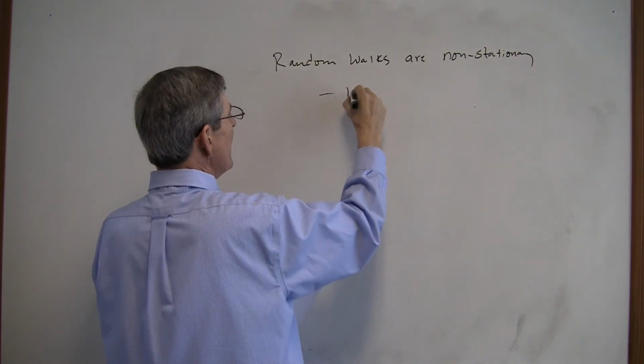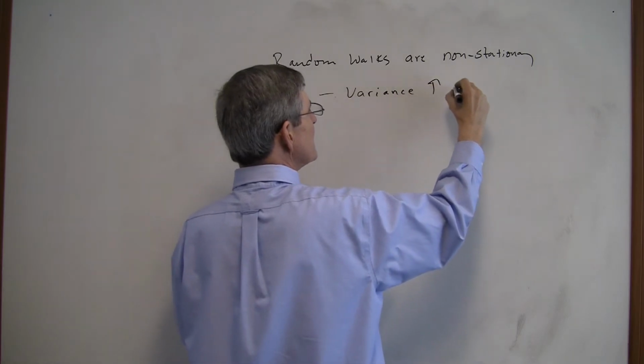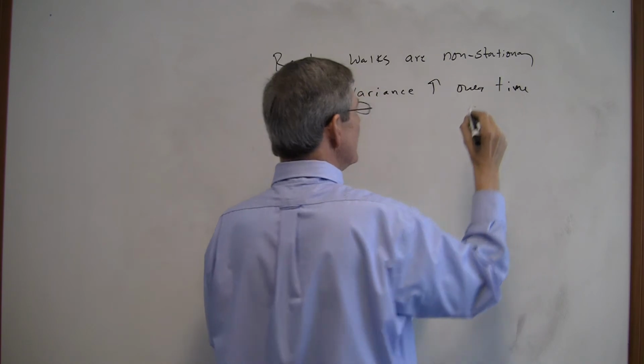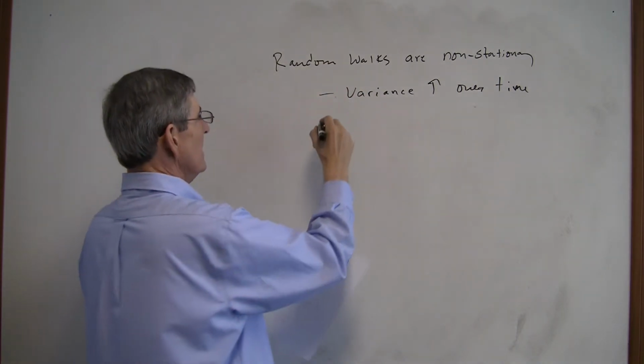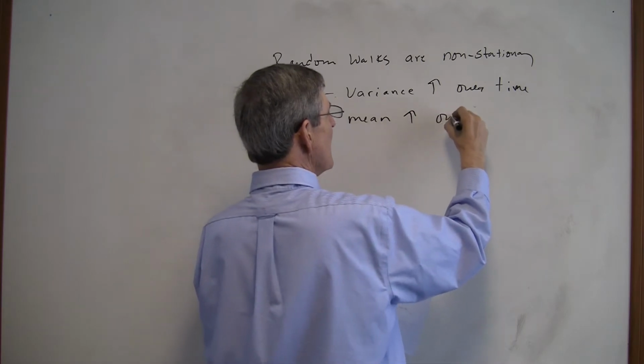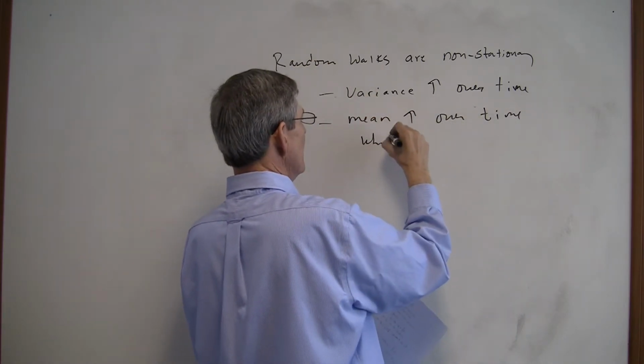First, the variance increases over time and eventually hits infinity. And the mean increases over time when there's a drift term.